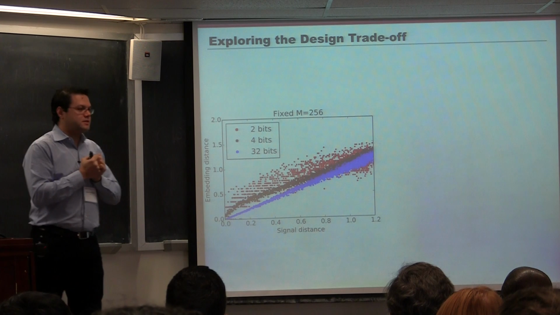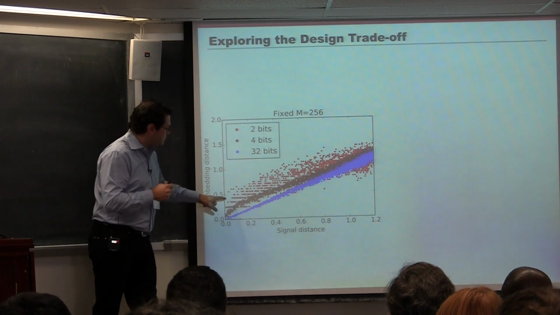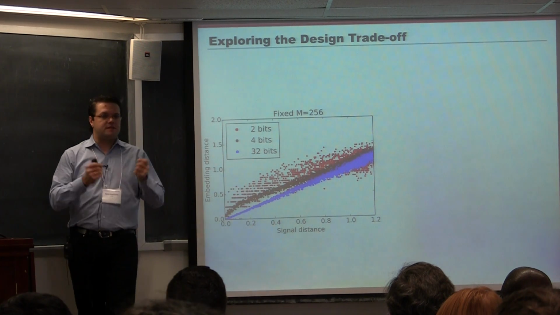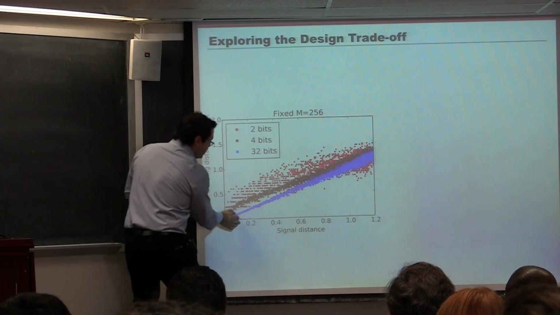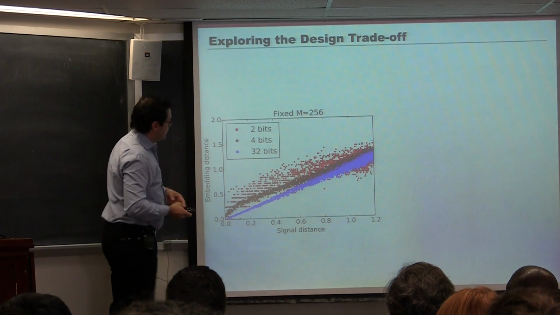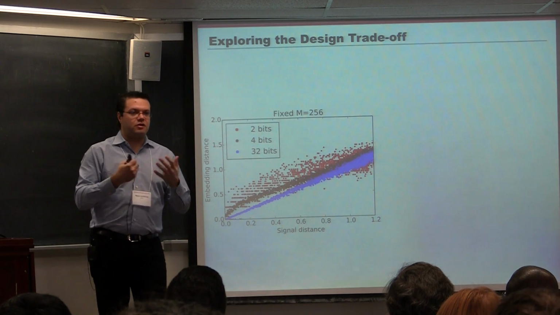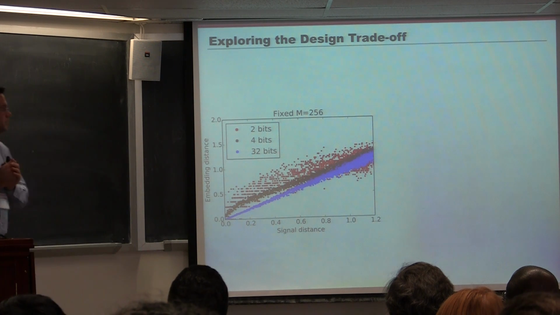It's extremely fine quantization. And you see that if you quantize to 32 bits, the signal distance is approximately proportional to the distance of the embedded signals. Okay? So you see this is a very thin ambiguity, whereas if I quantize to 2 bits, this is a very wide ambiguity. You have a lot of quantization error, okay? Which is what we expect and what the theory says.